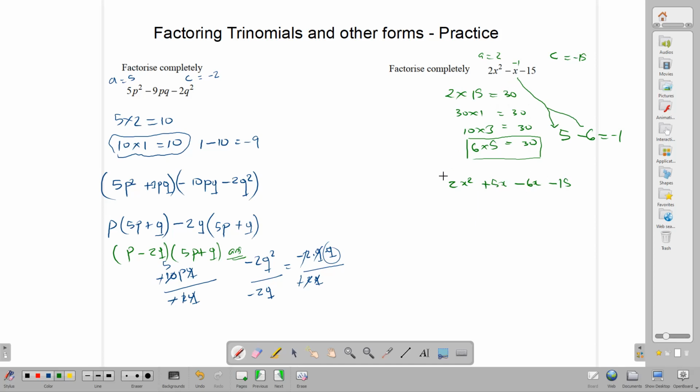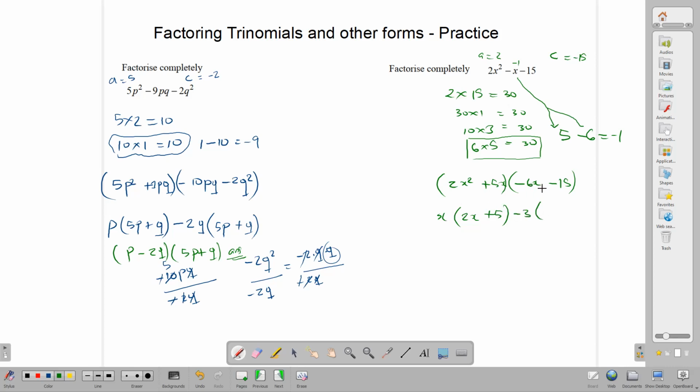And now that we're here, we simply group and factorize. So what's our common factor here? It is x. We write down our x and we divide 2x squared divided by x gives us 2x. 5x divided by x gives us 5. Here, the common factor is negative 3.